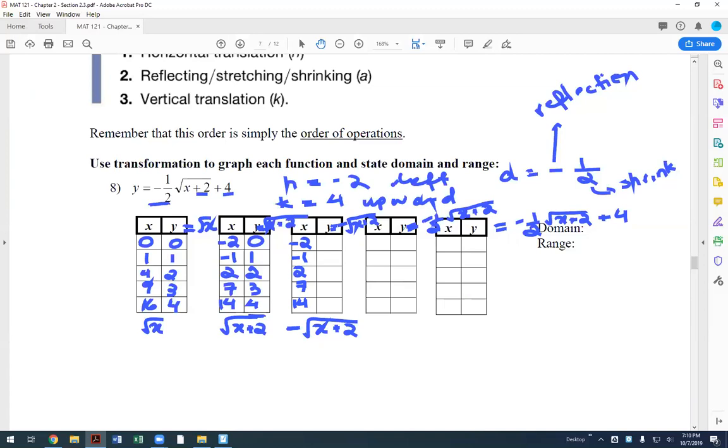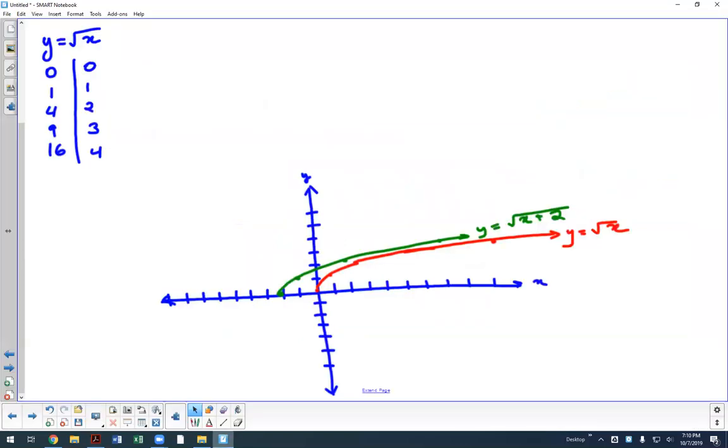Negative, right? Yeah, they're all just going to have a negative in front of them. 0, of course, will stay 0, but these guys will become -1, -2, -3, -4. And that's kind of why I like to do these guys next to each other, so it's just easy for us to make that transformation happen.